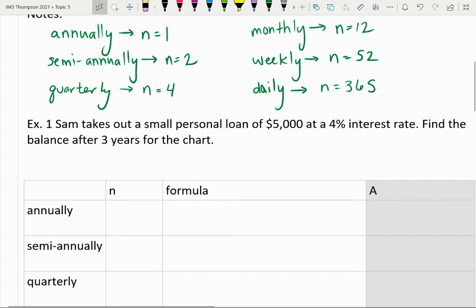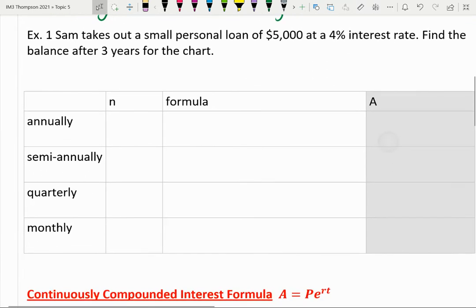Example 1, Sam takes out a small personal loan of $5,000 at a 4% interest rate. Find the balance after 3 years for the chart. And then copy down some version of that chart.